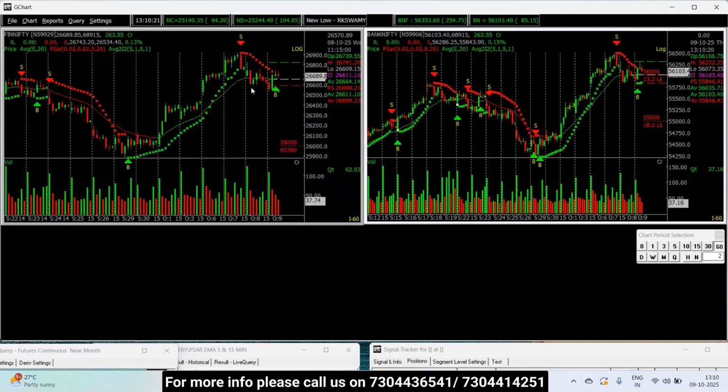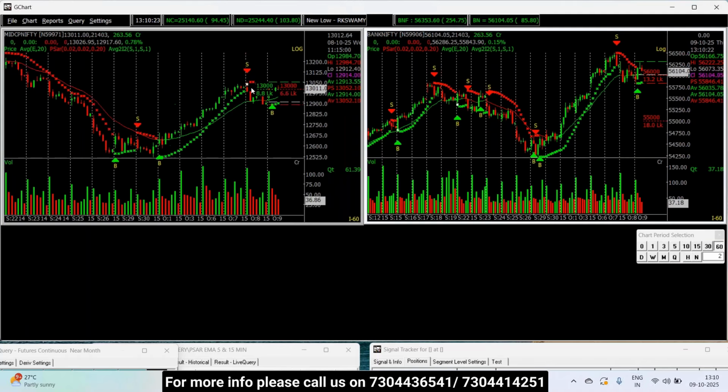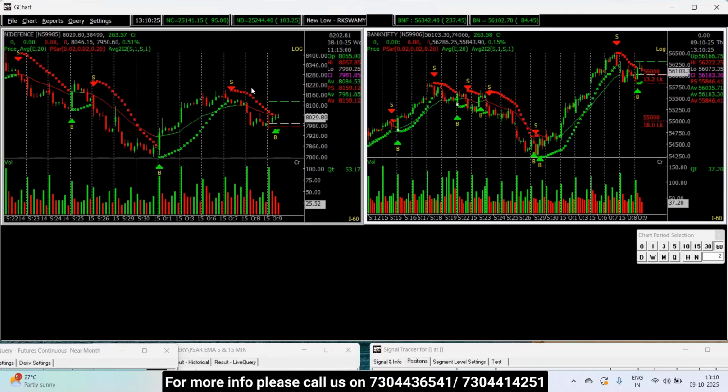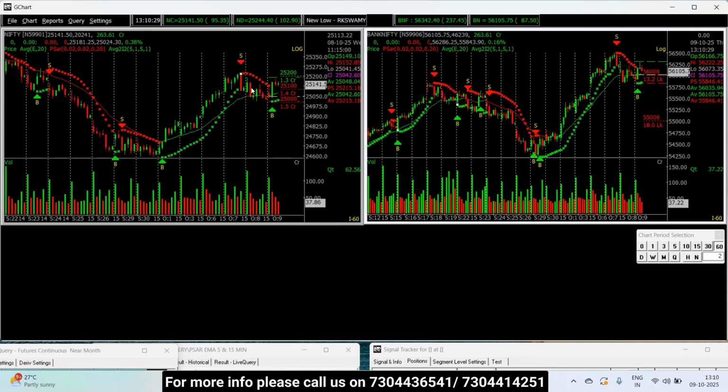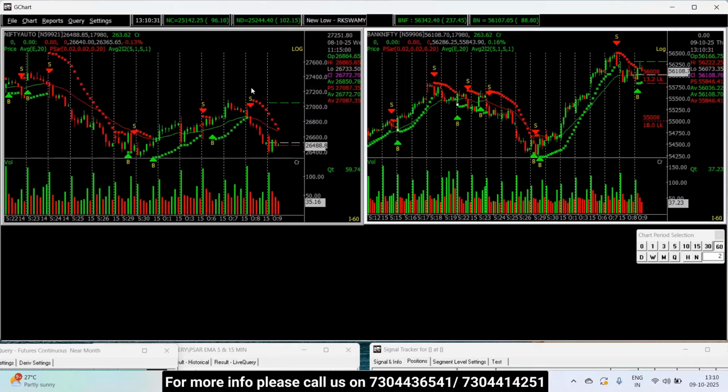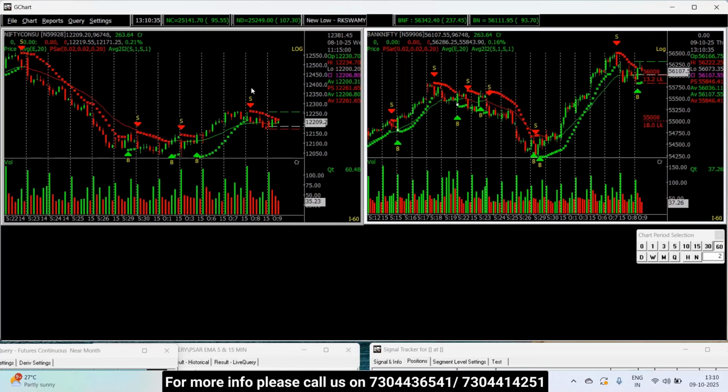As you can see, Nifty, Bank Nifty, Fin Nifty, Midcap Nifty, Nifty Defence, Nifty 100, Nifty Auto. So what's the reason behind these rallies? It's usually a mix of global and domestic triggers.